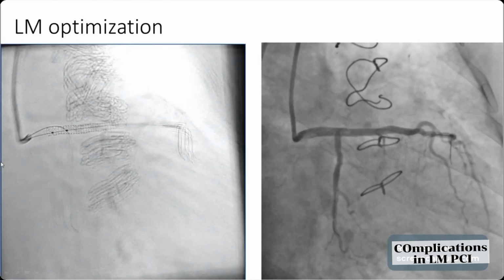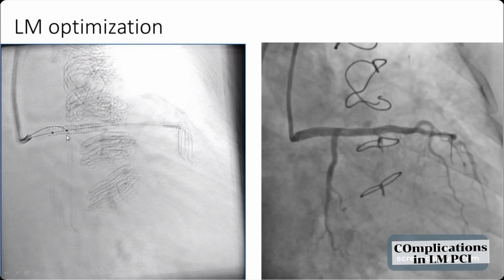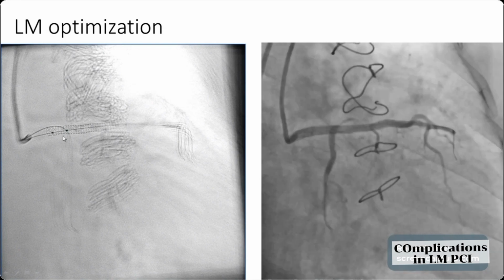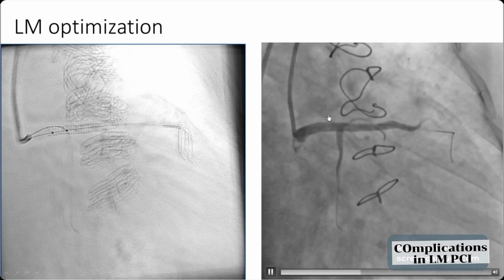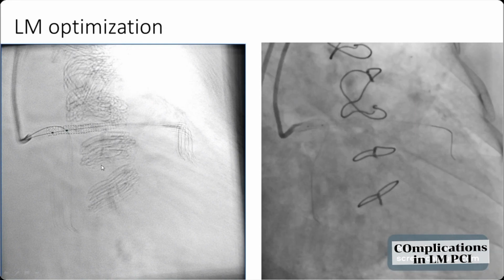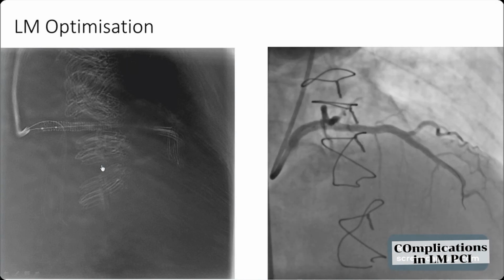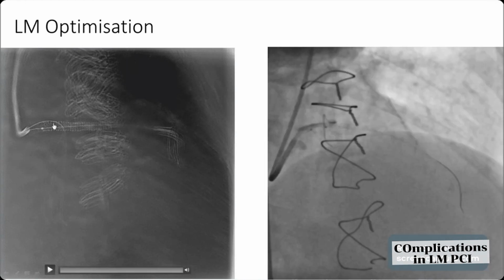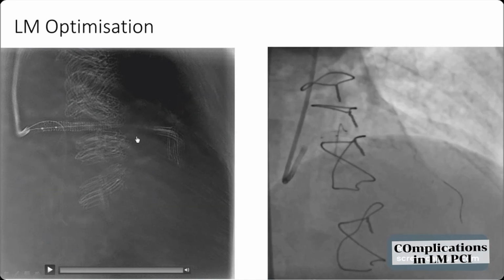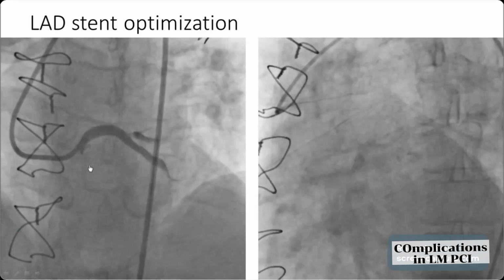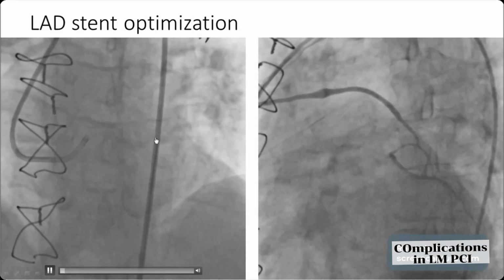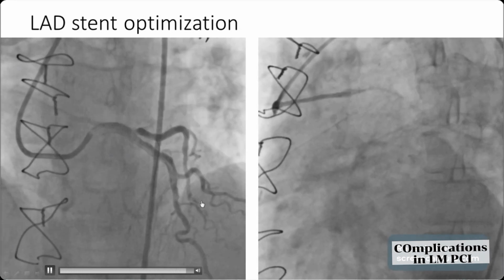The next step was stent optimization. This is probably the LAD ostium. This is the left main stenosis point. And we made post-dilatation, the stent became bigger and seems better, but there is carina shift in the circumflex ostium.